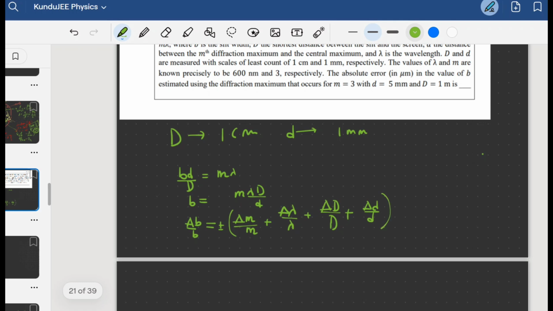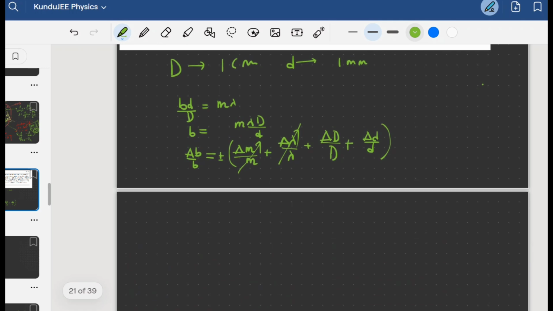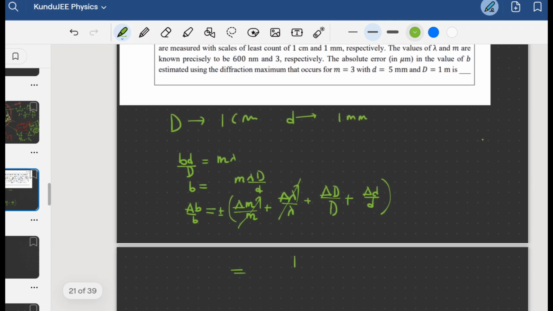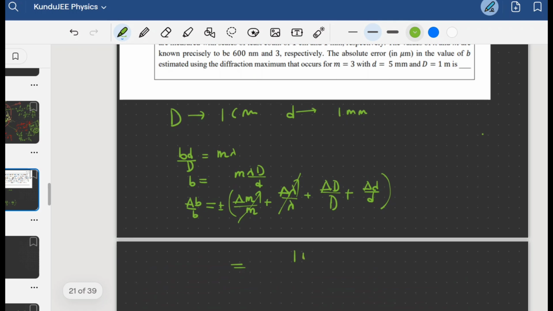Now, so these are constant terms. We'll just make it 0. But the error in D, there is a least count. It is given 1 centimeter. So 1 centimeter, and D is given 1 meter, right? So 1 centimeter I will just express in meters, that is 10 to the power minus 2. There is an error part of d.